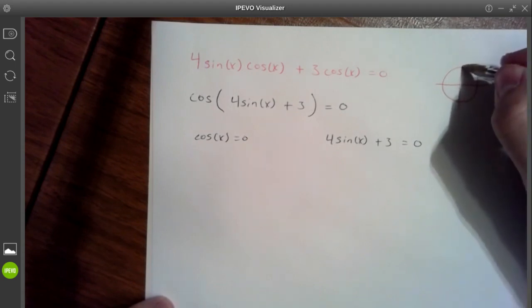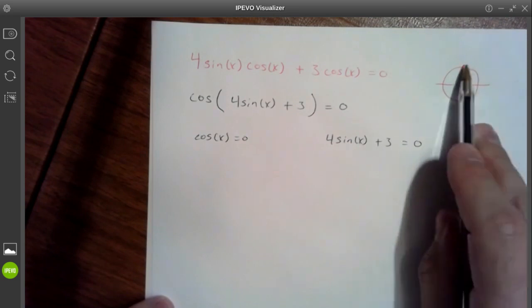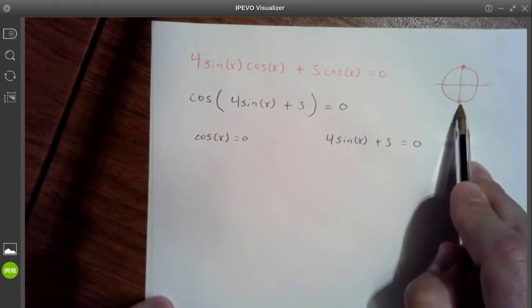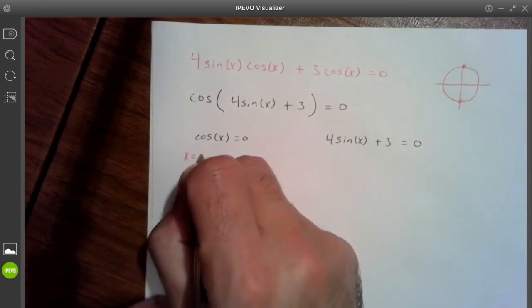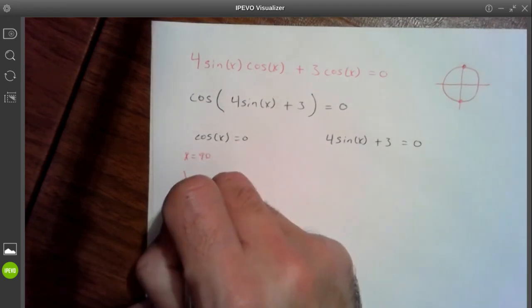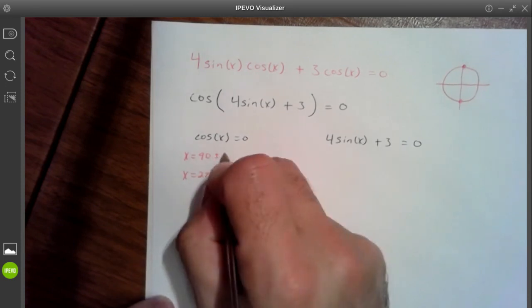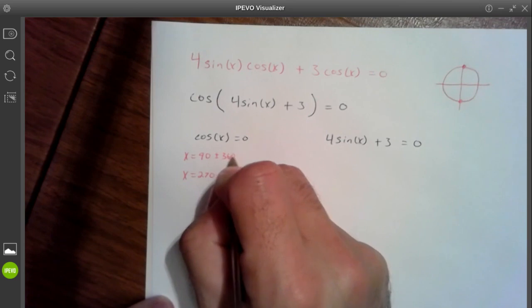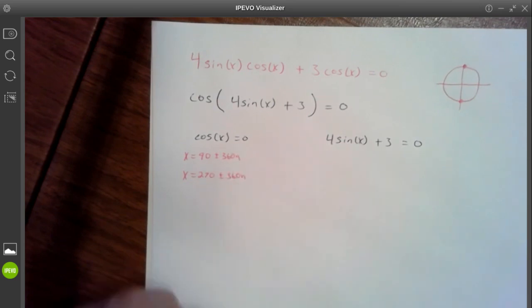That's going to happen at 90 degrees and 270 degrees. Those are the positions where the x value is equal to 0. So x equals 90, x equals 270, plus minus 360n. Got that one done. Cool.